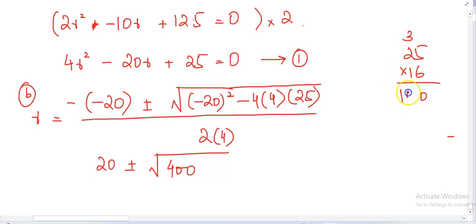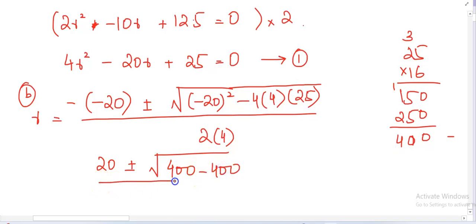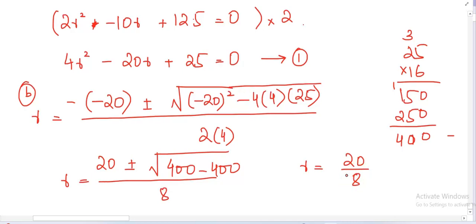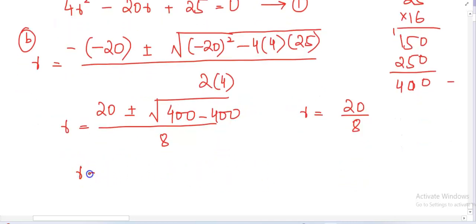So 25 times 16 is 400. So that's 400 minus 400, divided by 8. That is going to be my r value. So ultimately the r value would be 20 divided by 8, which is equal to 5 over 2. So this is what the r value is.